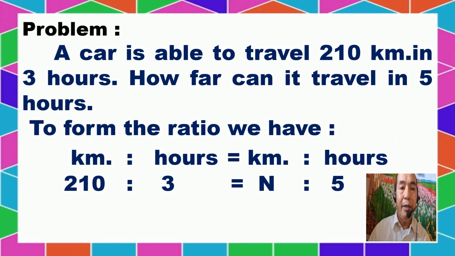And we have N is equal to 5 hours. 5 hours is given, number of kilometers is unknown. That's why we represent it with letter N. So this is now our proportion: 210 is to 3 hours is equal to N is to 5 hours.